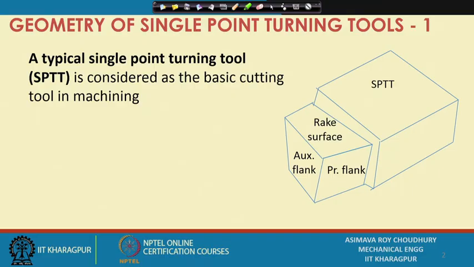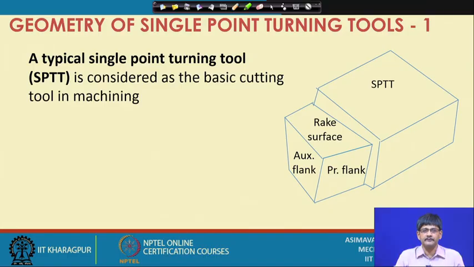All cutting tools can ultimately be related to this particular single point turning tool. That is, all cutting tools can ultimately be shown to be composed of different single point turning tools or a modification of the single point turning tool. So, what do we see here?